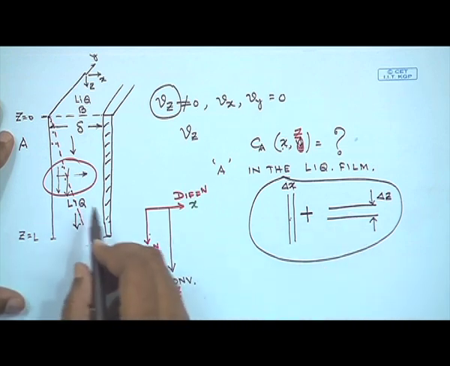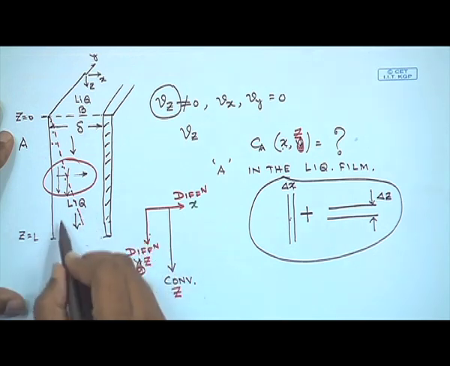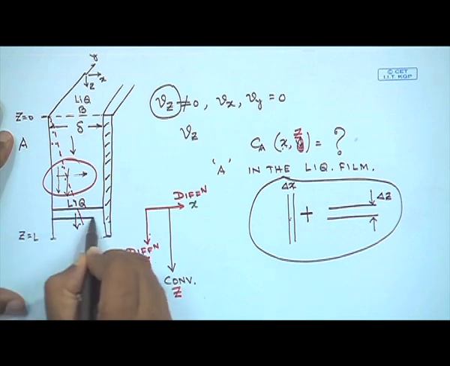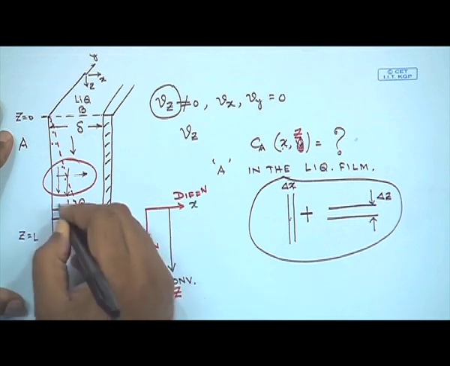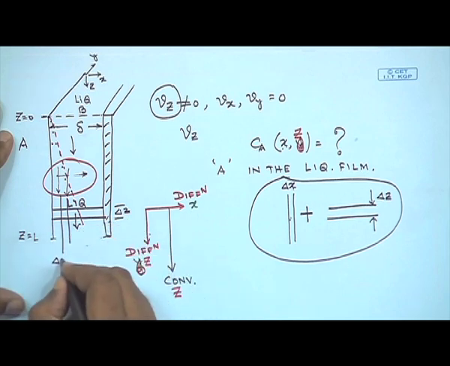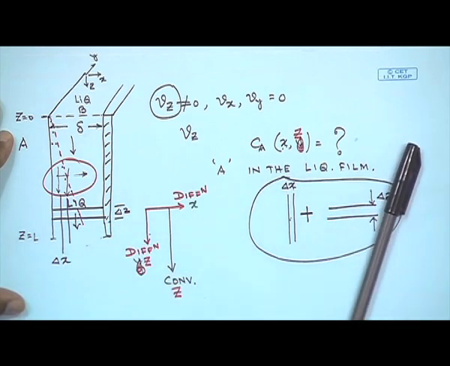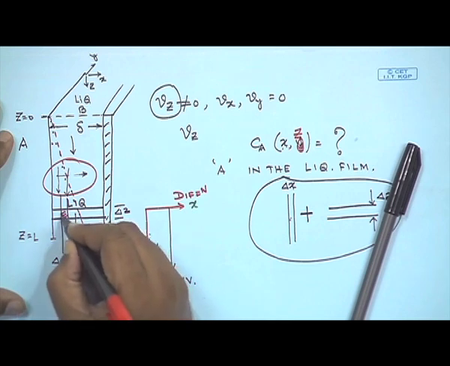So therefore the shell that you are going to do is going to be a shell like this, which is delta z, and a shell like this, which is going to be delta x. So this is the shell across which you are going to make all the balances.